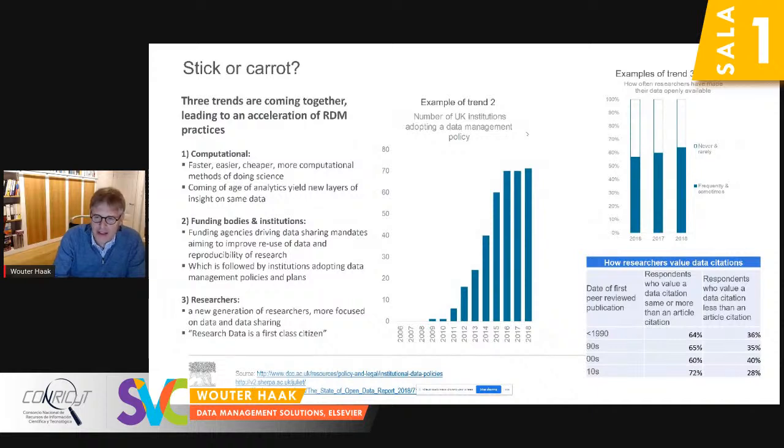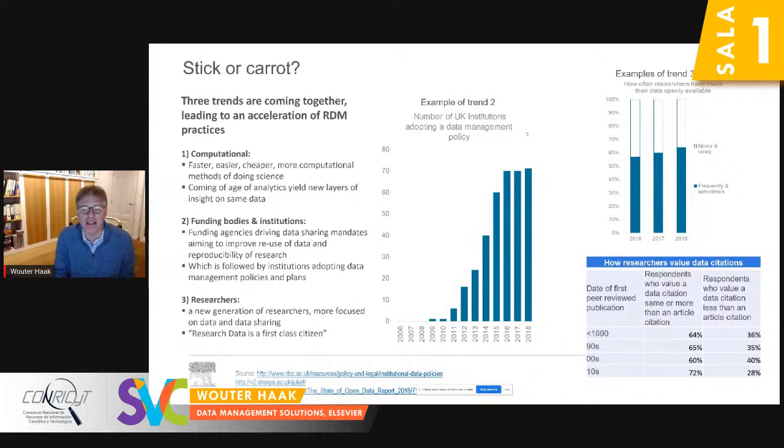There's a big question about data sharing, whether it is a stick or a carrot approach. What you see is that funding bodies, NIH, NSF, Wellcome Trust, and many national funding bodies are starting to mandate that researchers have to share their research data. I'm showing you a graph in the middle from the UK, where you see the number of institutions that have adopted a data sharing policy.